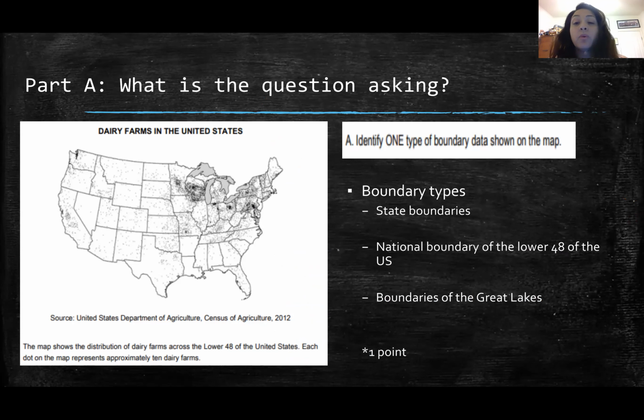And here, identify one type of boundary data shown on the map. So we've already talked about what boundary data is. It's just boundaries. So it's boundary types. So you could have said state boundaries, national boundary of the lower 48 of the United States, or basically the continental US, or the boundaries of the US, right? You could have even just said the boundaries of the Great Lakes. That's it, 1 point, easy peasy.